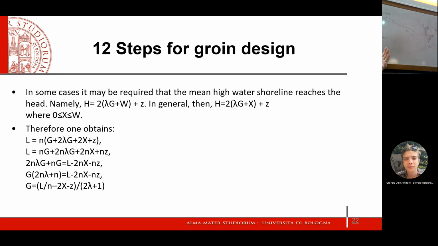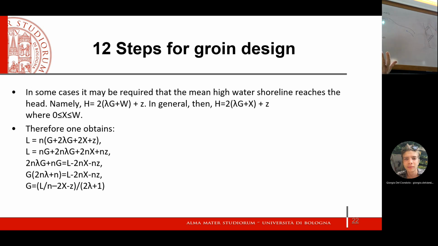It is the width of the body of the groin. But as you will see, there are some indications for it. And lambda, we can take 1/3, or we may take something close to 2/3 if we are in an energetic environment. For Z, we have suggestions. X is something that we have to decide basing on our needs, and also N.